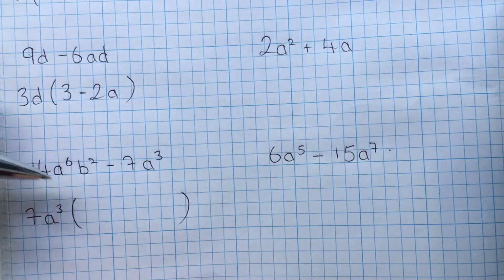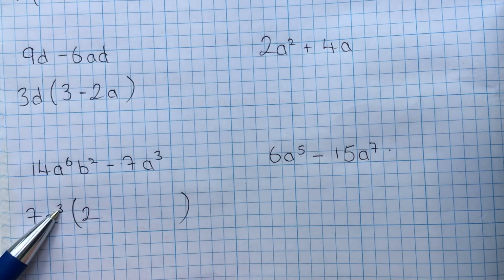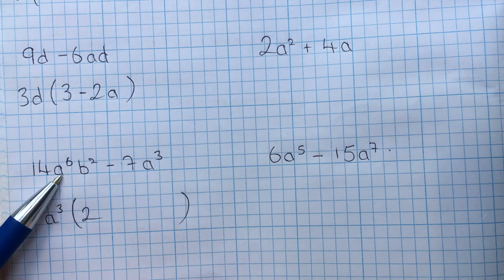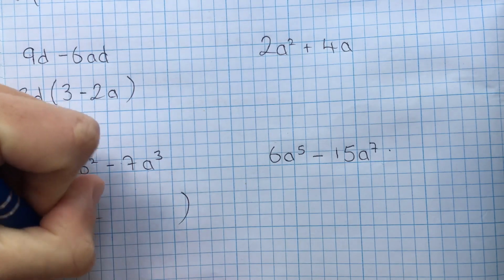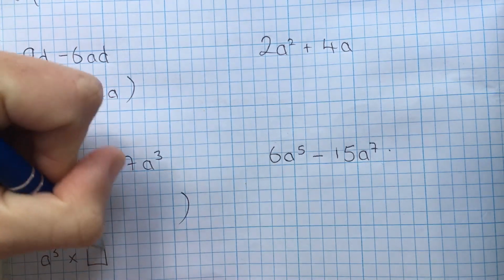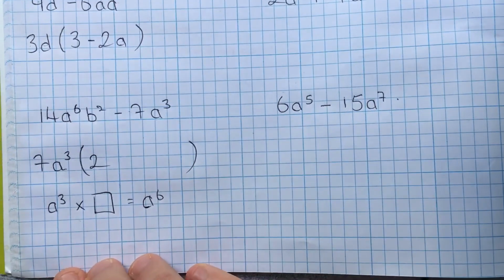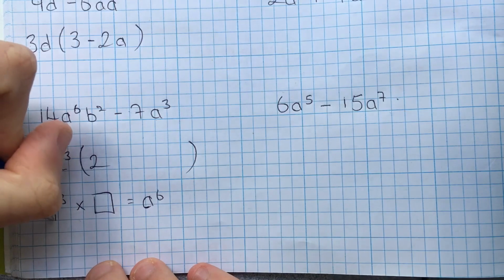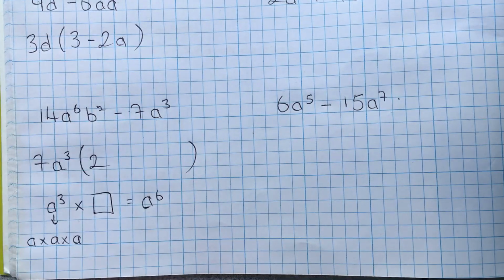7 times what number will give us 14? Take 2. A cubed times what will give us a to the power of 6? Okay, so a to the power of 3 times a to the power of 3 will give us a to the power of 6. So a quick look at what that means. a to the power of 3 will be a times a times a.